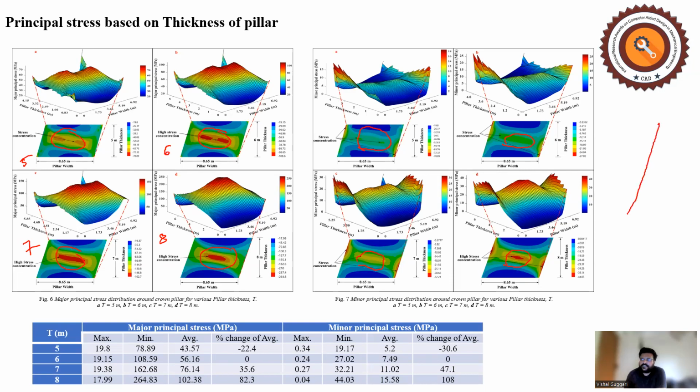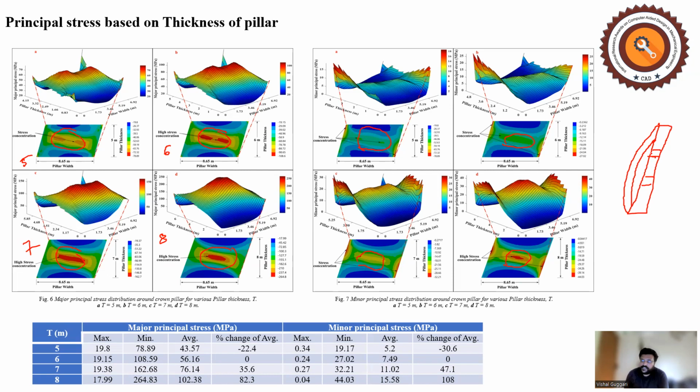Again, the reason for this is the same relaxation zone. As you increase the pillar thickness, it can take more load from the adjacent strata, thus reducing the extent of the relaxation zone.